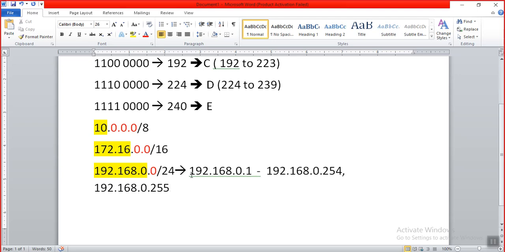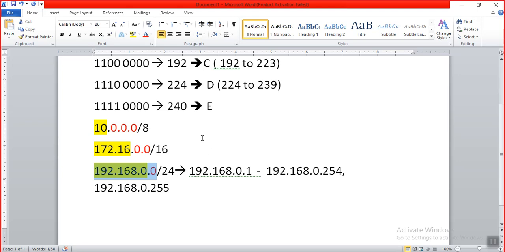When you type this IP address in a Windows machine, it will accept it. If you type 192.168.0.0 in your Windows machine with subnet mask 255.255.255.0, instantly it will show it is not a valid IP, because that code is not going to match it.